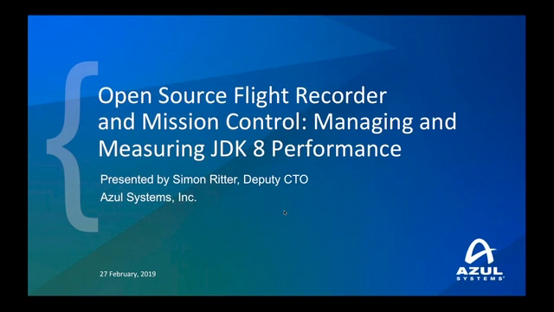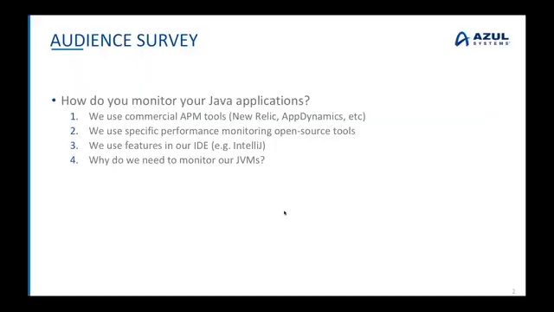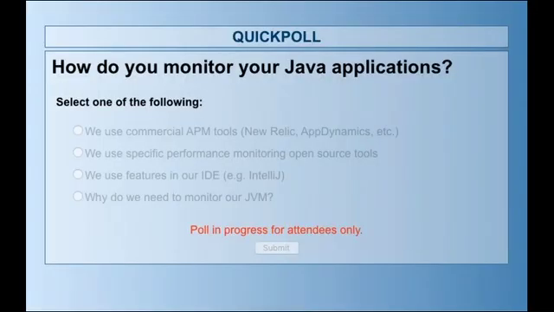Now, what I'd like to do to begin with is to run a little poll of the people who are attending the webinar. And so I have a question which I'd like to ask you, which is how do you monitor your Java applications? I've given you 4 answers to this. First is that you use commercial application performance monitoring tools, things like New Relic, things like App Dynamics.